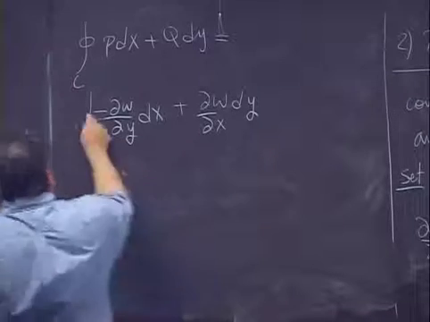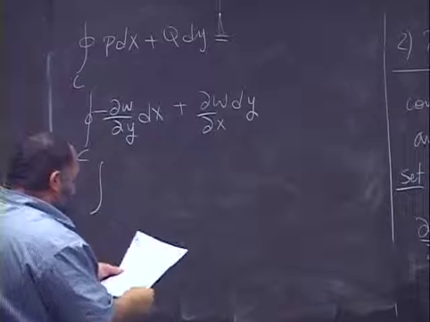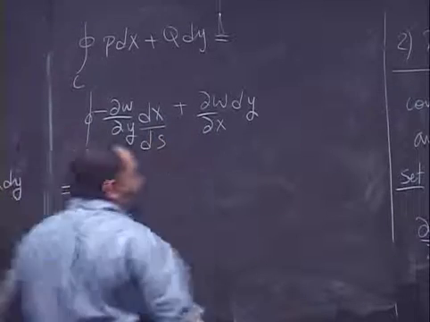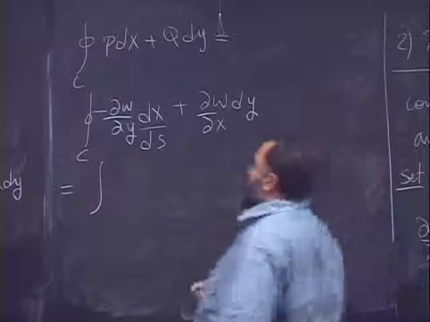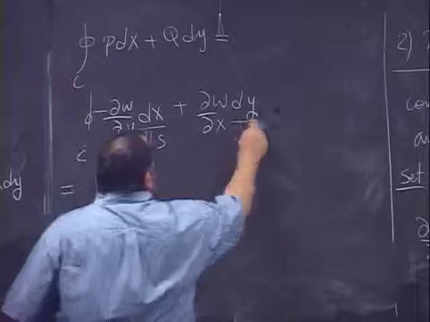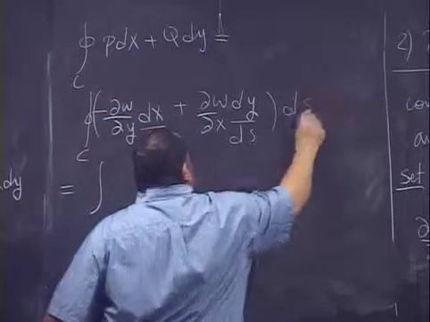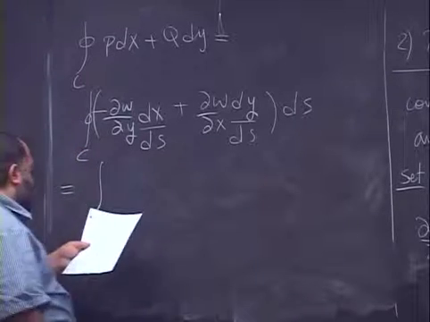And I can write it again as the following. If I divide here by ds, which is the unit length on the contour or on the curve C, and I divide here by ds again, then I have to put ds here. I did not do anything by introducing this.